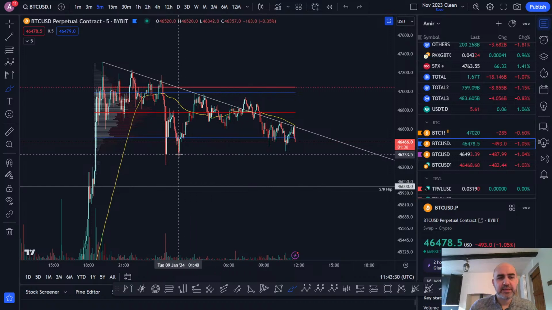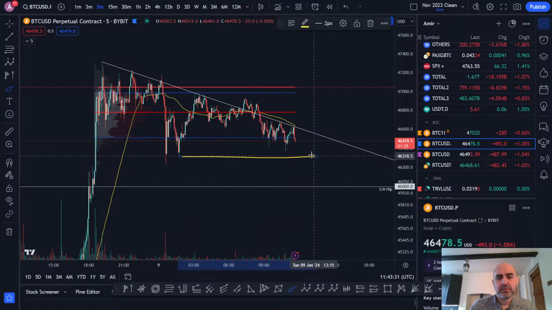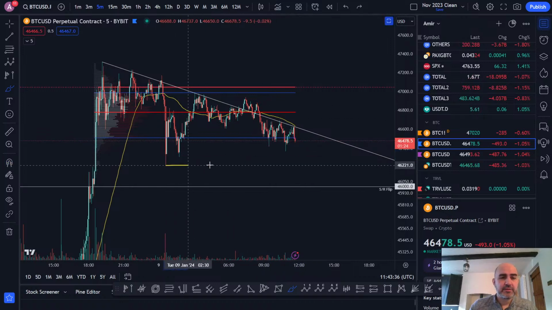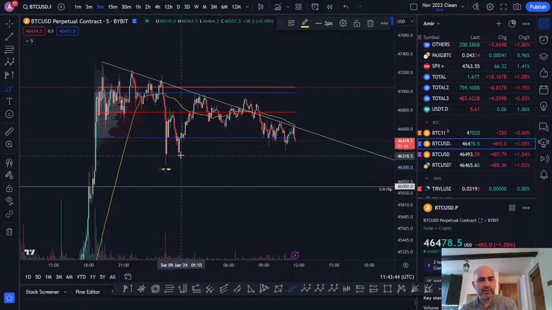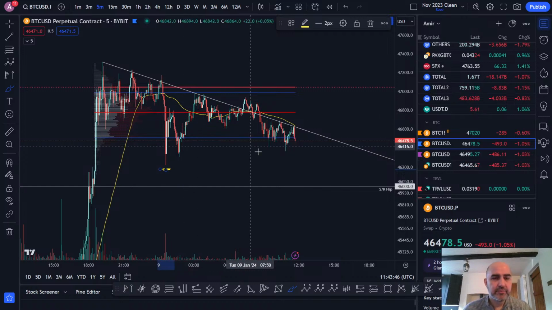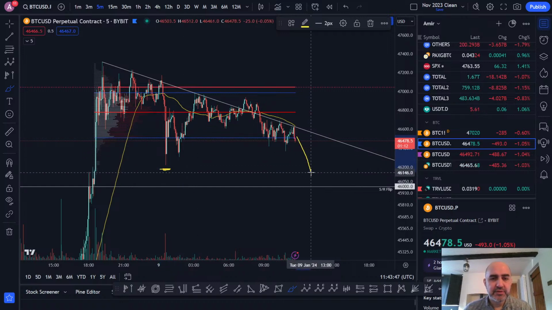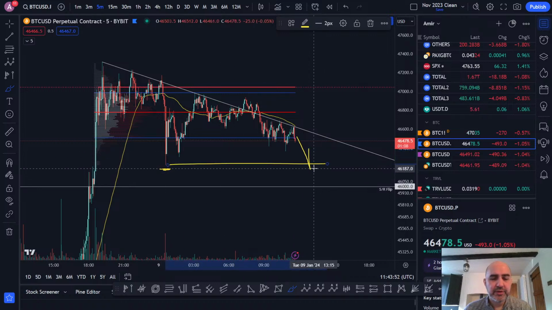Maybe take this one out again. Push down there. I mean, there's going to be a lot of liquidity here. That's where the invalidation is now for a lot of the longs. If they do that, these shorts will take profit for sure. They're not going to hold.